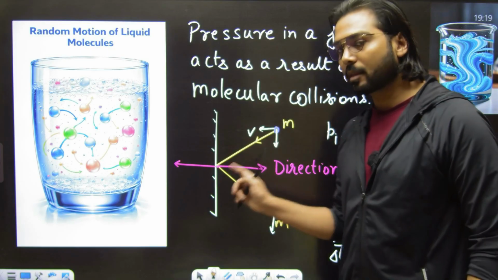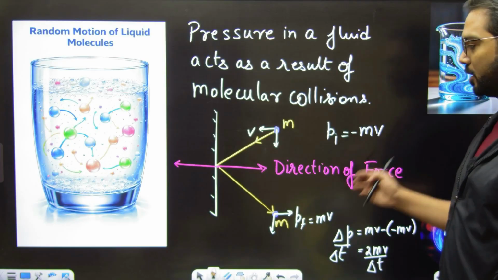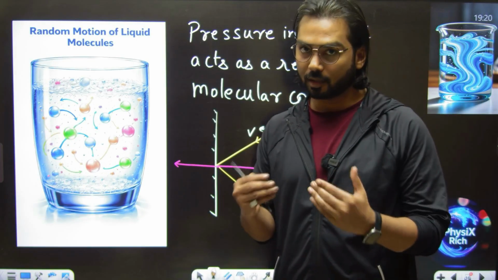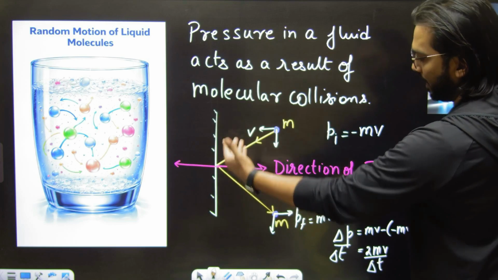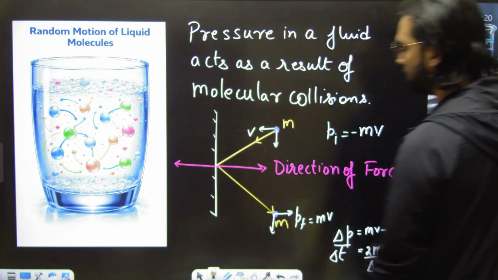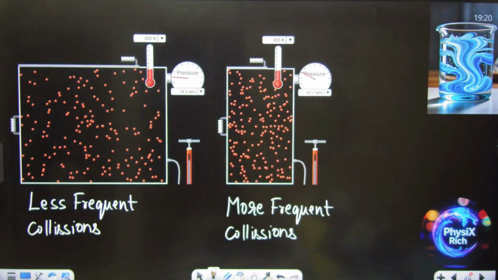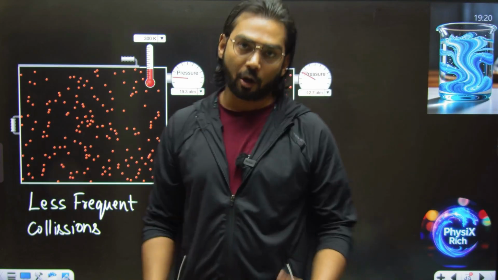And what is pressure? Pressure is the distribution of the force, and the force is perpendicular, and that's why we can say that pressure causes a force perpendicular to the surface in contact.